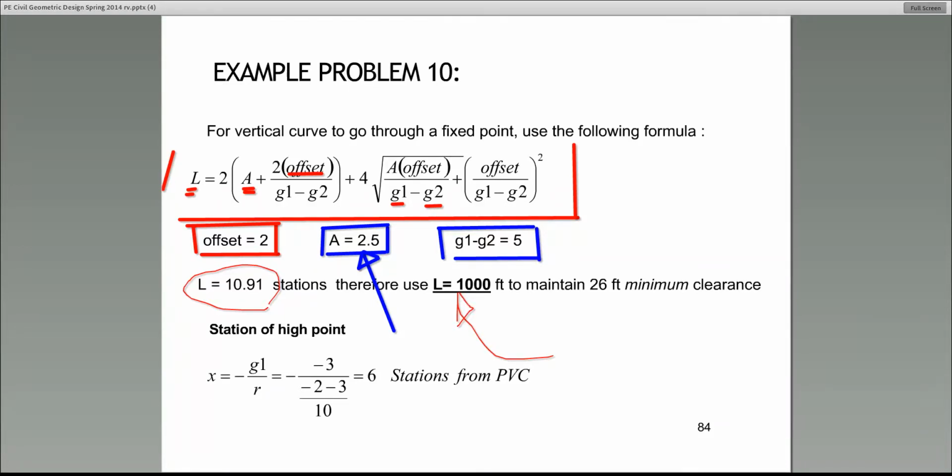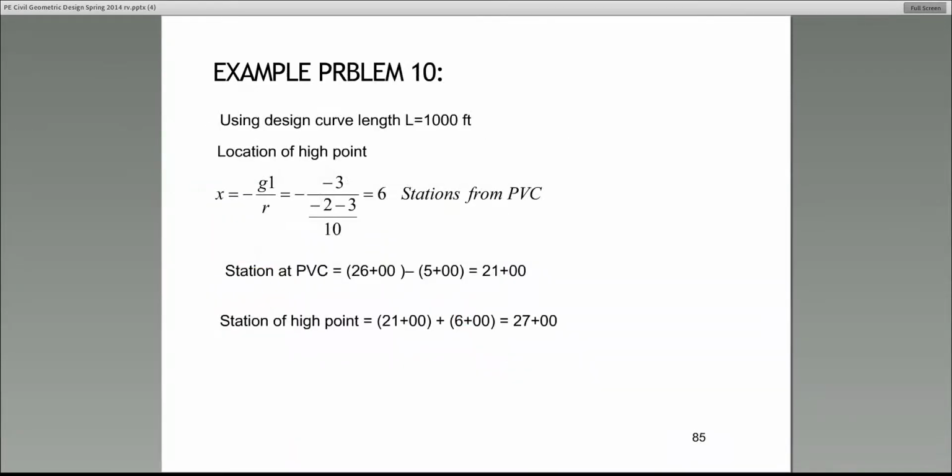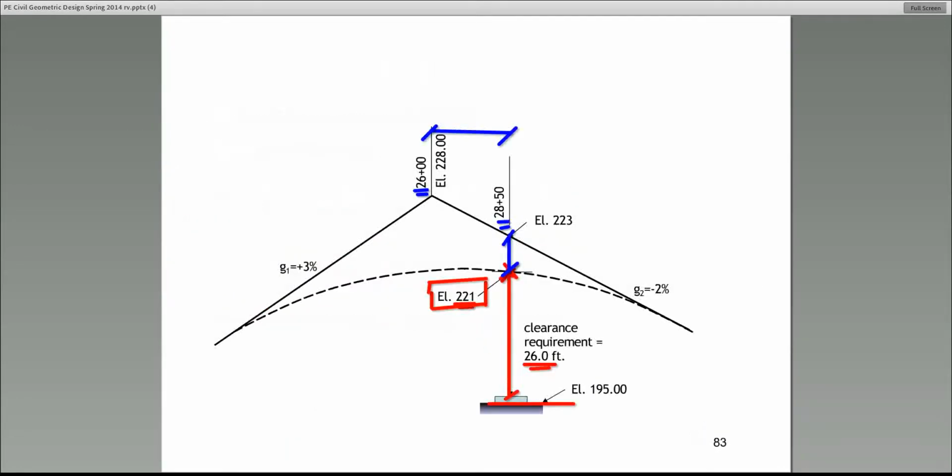Now, a lot of people here ask me, why didn't you go above the 10.91? In other words, you didn't choose 1,100. Why are you going to 1,000? Well, because of the clearance, we need to have at least a minimum 26 feet.